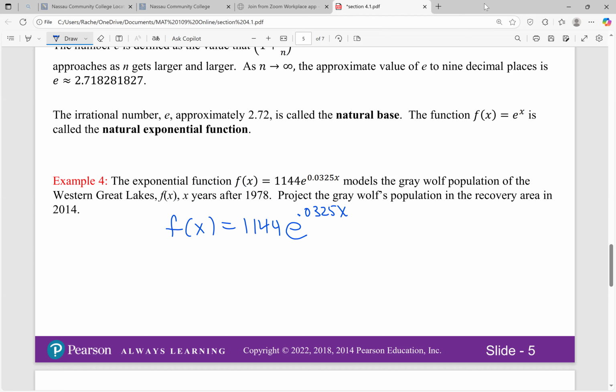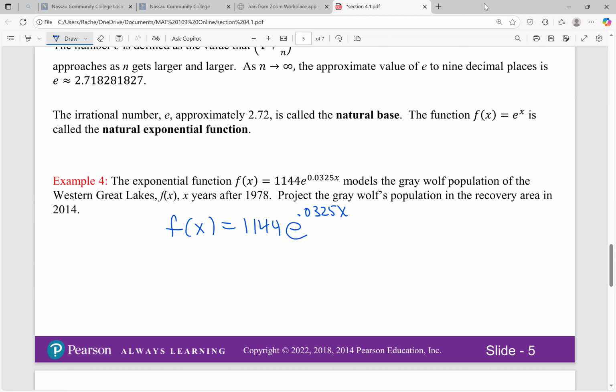So we want to project the gray wolf's population in this recovery area in the year 2014. So what we need to do is figure out how many years after 1978 is 2014. Because that's what x represents. How many years after 1978?